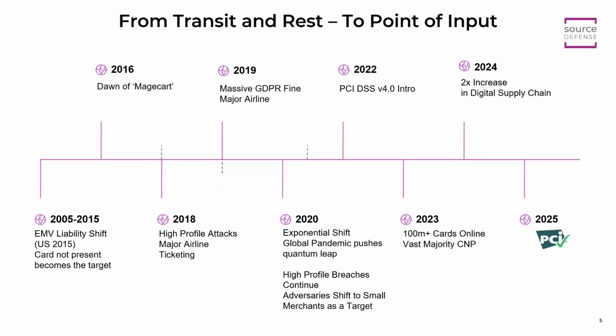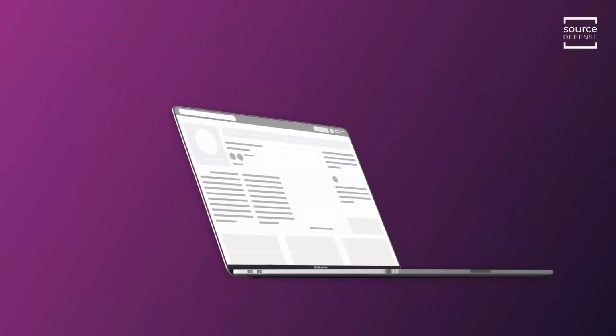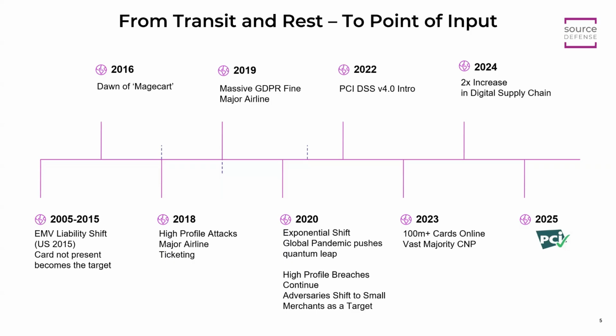And then finally in 2025, that PCI DSS document went from draft to entirely the live version, as well as a handful of requirements specifically related to eSkimming that went from best practice to required just this past April.